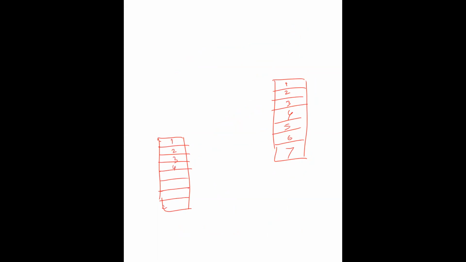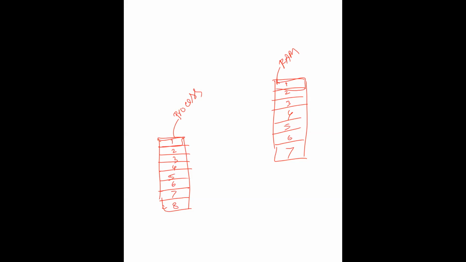A frame is the partition for memory, and a page is the partition for a process. Frame size is always equal to page size.